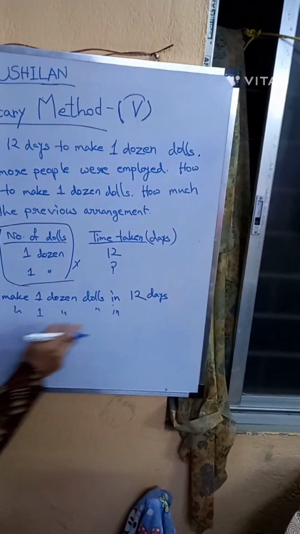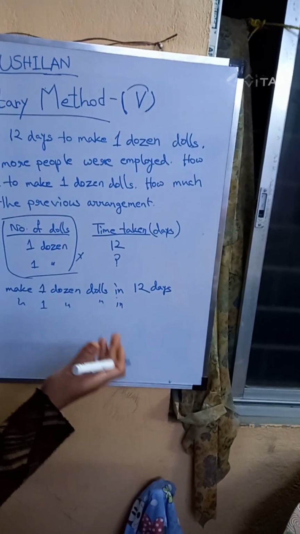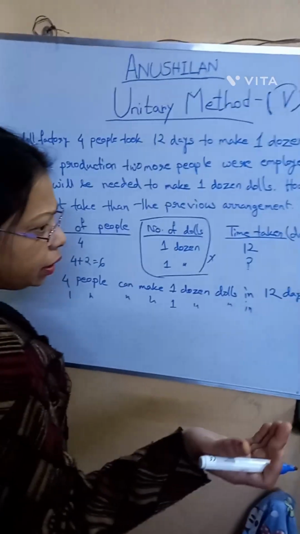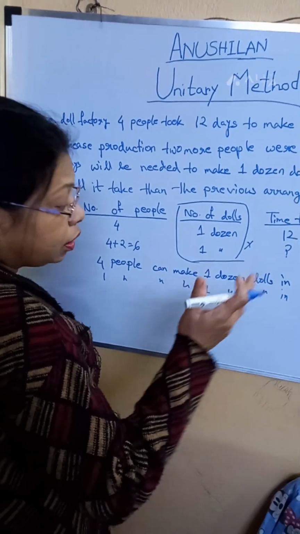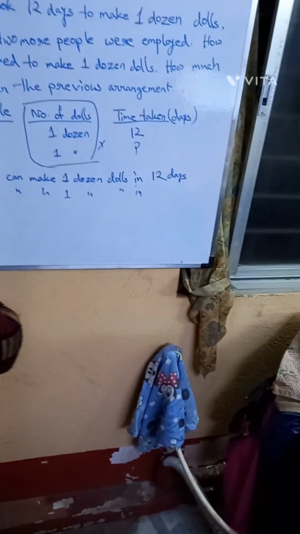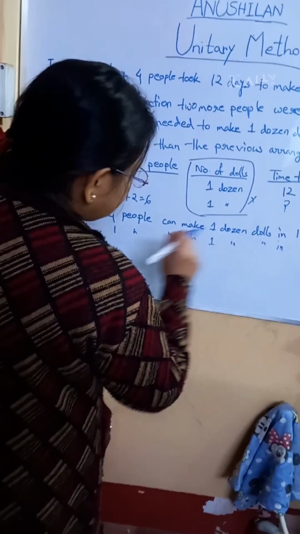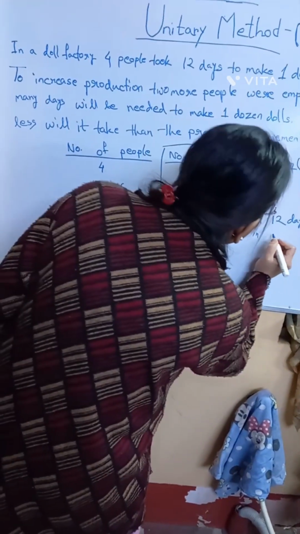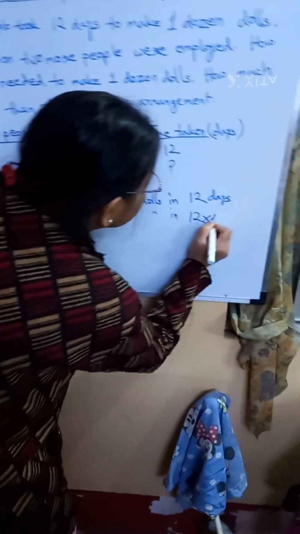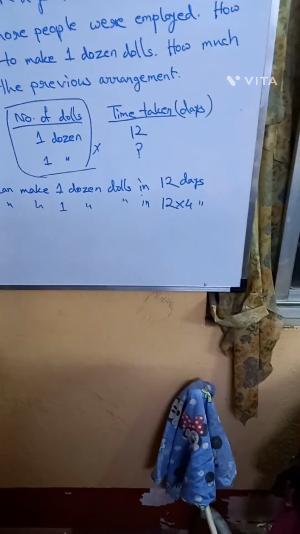If 1 person does it, will the time be less or more? Can you guess it? Yes, it may be harder for him or her because he or she is alone. So the days will increase. So, 12 into 4 days.